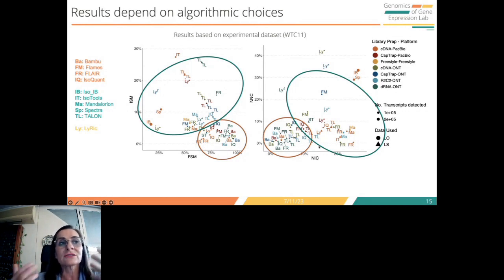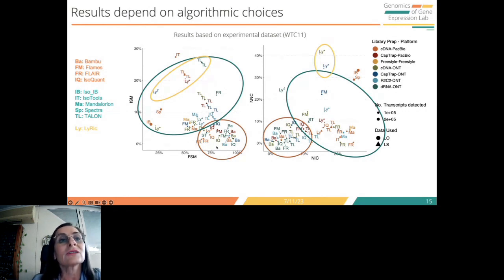These are the tools that, in a way, have more room for novel detections. And I am indicating here Lyric, which is not using the reference at all. For example, Lyric was the tool that was able to find the highest number of novel not in catalog. Okay. But again, what is interesting here is that how these numbers look is more related to the tool than actually to the data.